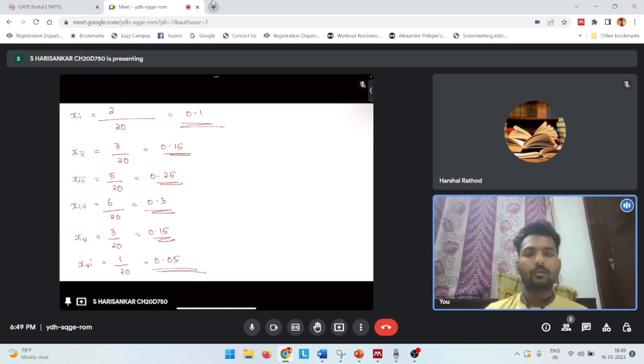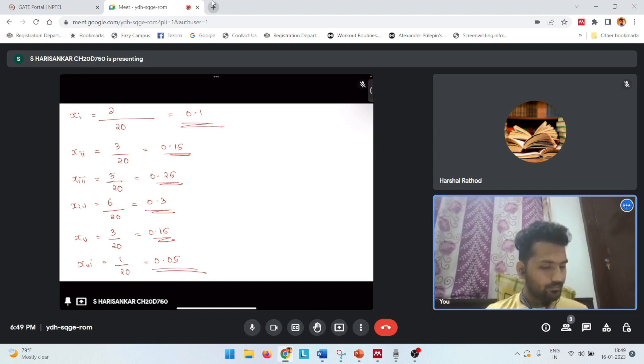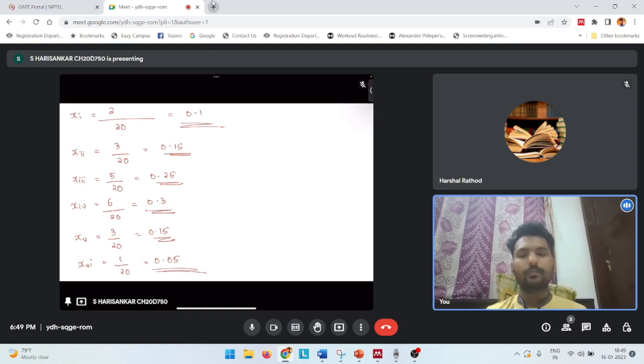Now we can also check this by taking the sum of all these mass fractions and seeing if the sum becomes 1. So here 0.1 plus 0.15 plus 0.25 plus 0.3 plus 0.15 plus 0.05 will be equal to 1.